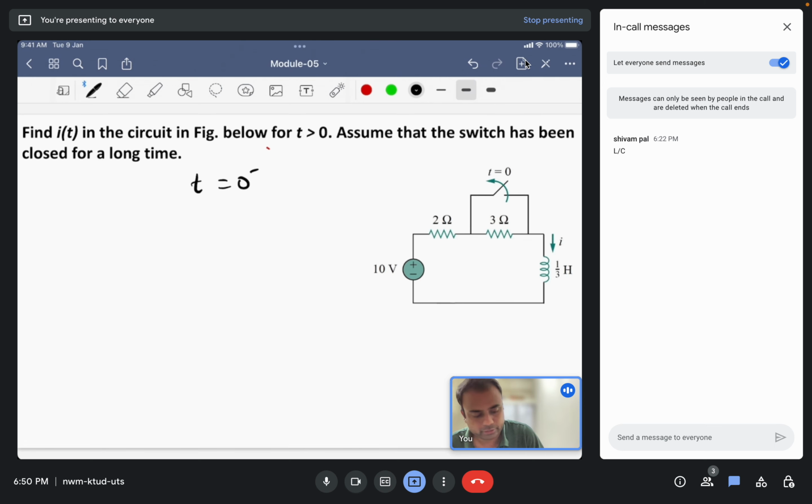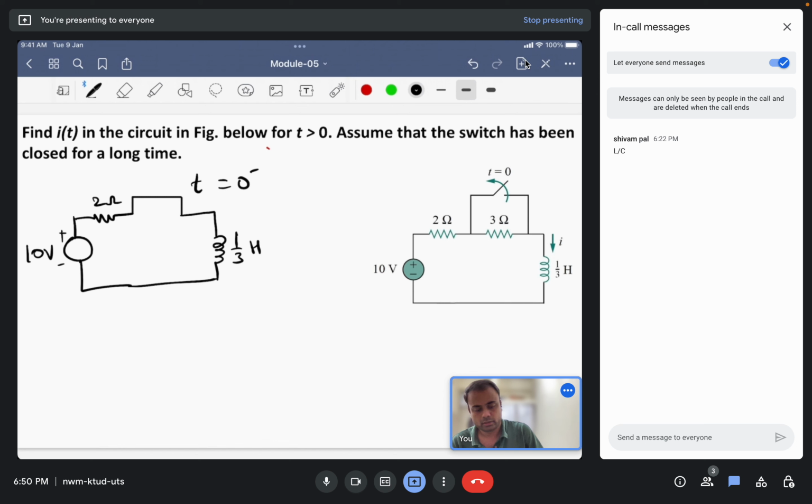I will simply draw the circuit to avoid any confusion. There is a 10 volt source connected across a 2 ohm resistance, and there is a short here. So there is no 3 ohm resistance here, since the current will flow through the least resistive path. And finally we have an inductor of 1/3 henries.